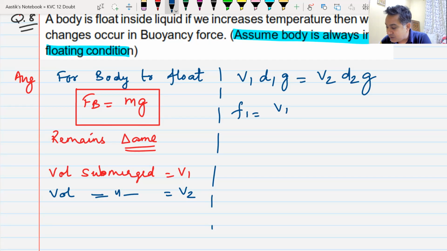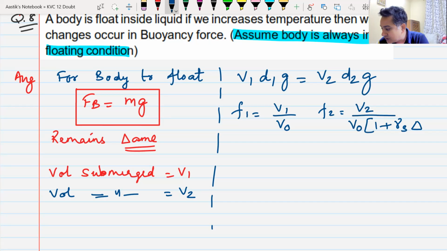This F1 is V1 divided by V0. What do you mean by this? F1 is the fraction which was immersed before. F2 is the fraction which is immersed afterwards. The fraction which is immersed afterwards will be V0 into 1 plus gamma S into delta theta.